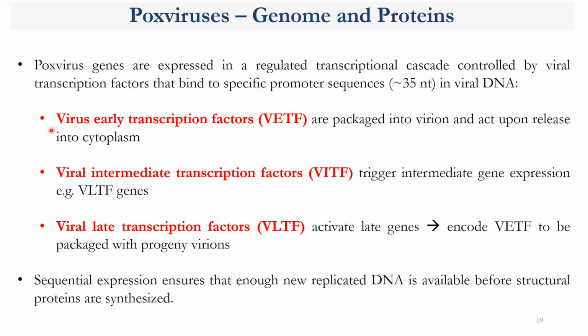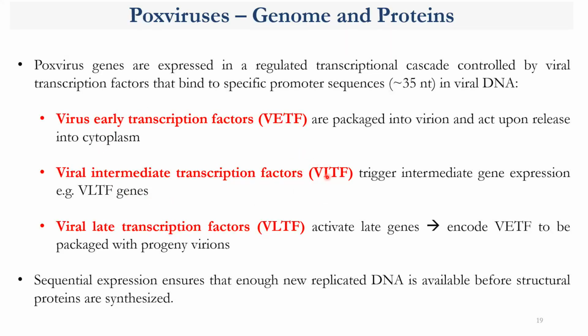And what we have is the early transcription factors, the intermediate transcription factors, and the late transcription factors. The early factors are packaged into the virion, and they become active once they reach the cytoplasm. Okay? So these are the early transcription factors that, under the cytoplasmic conditions, will become activated.